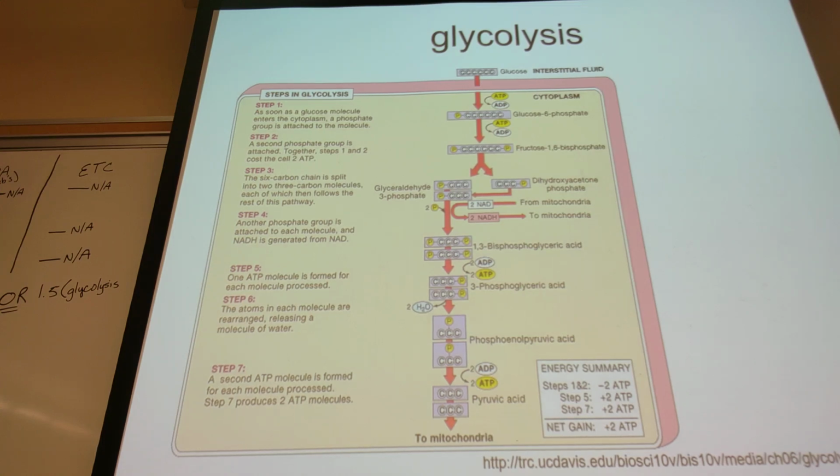And these pyruvate molecules are going to feed into the TCA, the tricarboxylic acid cycle. It occurs in the mitochondria. These last 2 steps occur in the mitochondria.